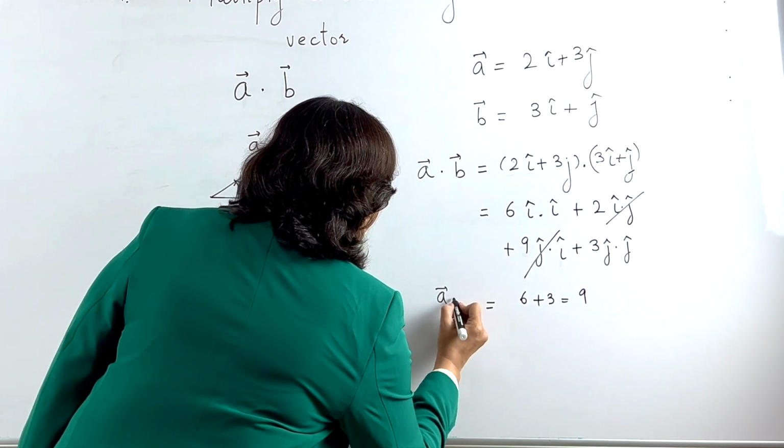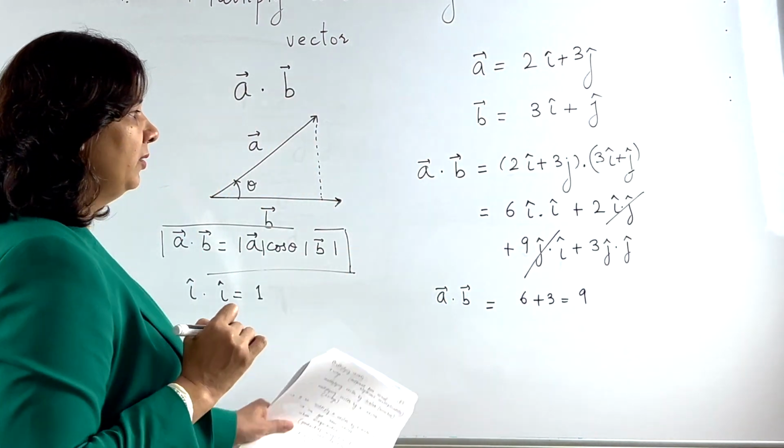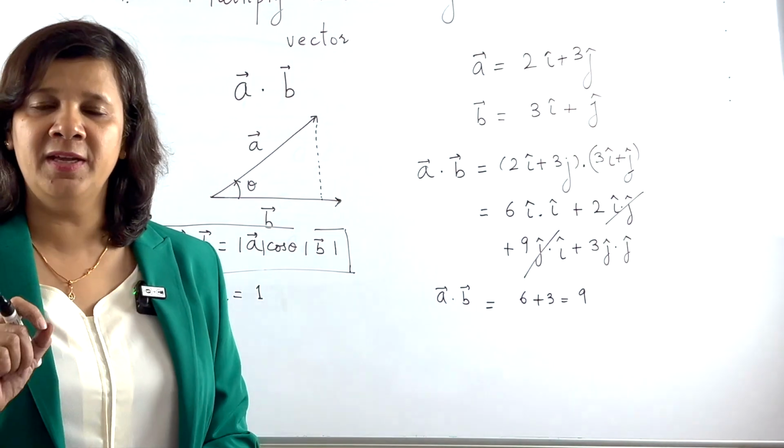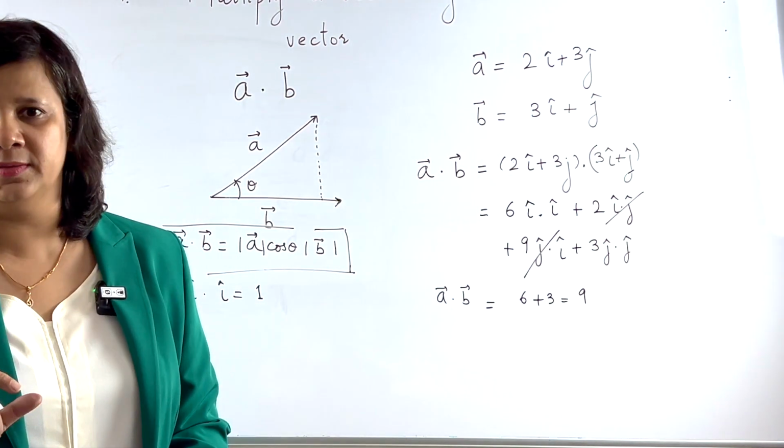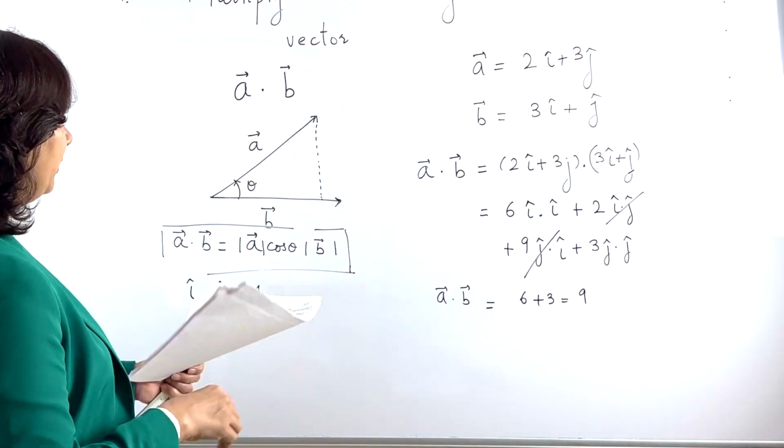Now one more thing we will learn about dot product: by using the definition of dot product we can find the angle between two vectors, okay. How do we do that?